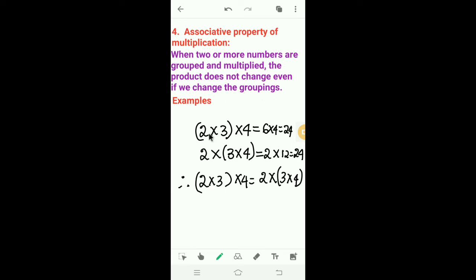For example, 2 into 3 is in one group into 4, then the product is 24. Here 3 into 4 in one group, then the product is 24. So both the products are same. So we can say 2 into 3 into 4 is equal to 2 into 3 into 4.